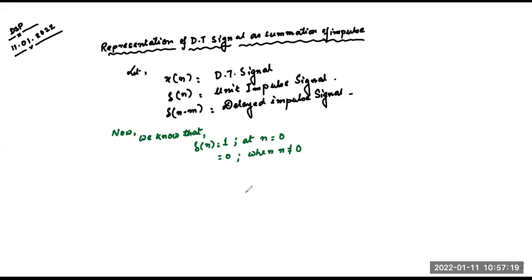And delta[n minus m] equals 1 at n equals m and equals 0 when n is not equal to m.